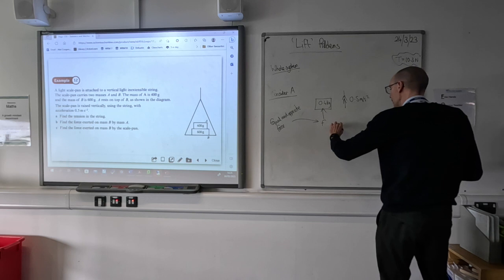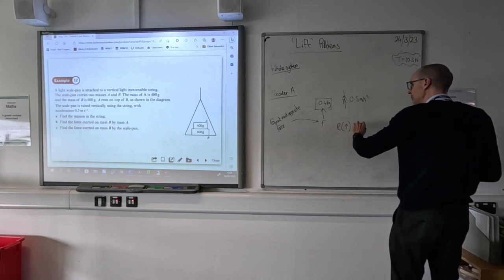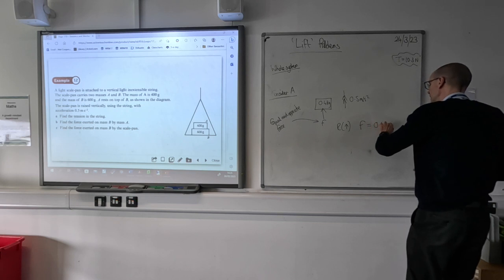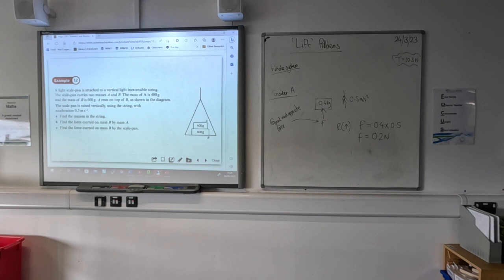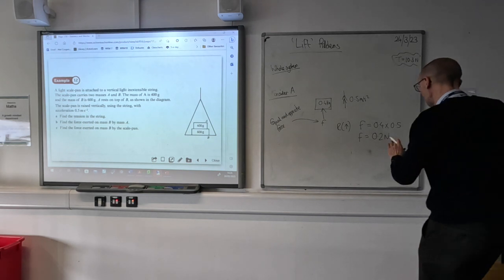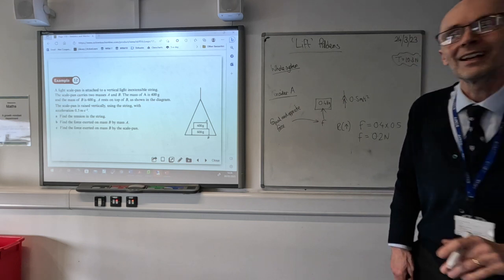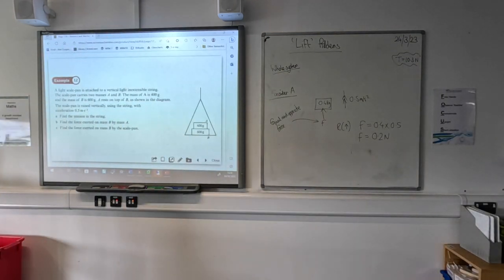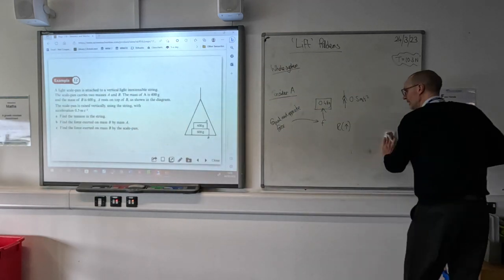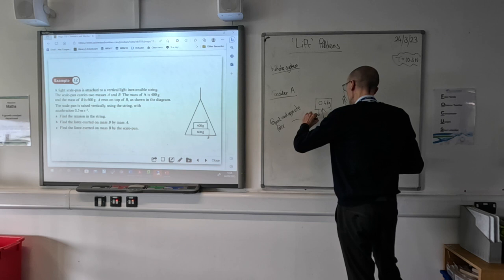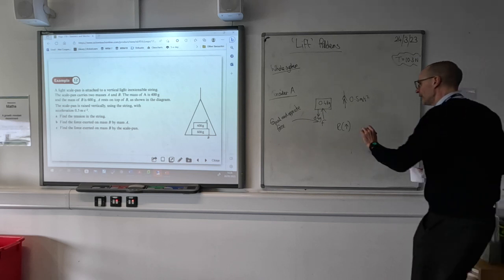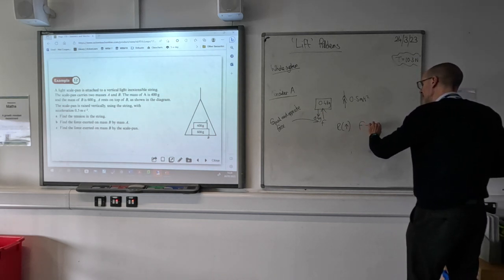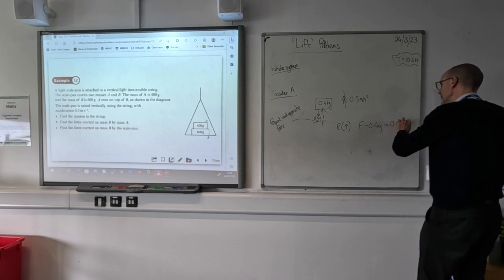So this is nice and easy. Let's resolve upwards. That force pushing up, which we'll call F, is equal to 0.4 mass times acceleration. So that's 0.2 newtons. Now hang on a minute, what have I done? What have I forgotten? I haven't taken into account the weight of the block, have I? Sorry. So the other force in that picture is that it's got a weight of 0.4 G pulling down. So my force pushing up is F, the force pulling down is 0.4 times 9.8, and that equals mass times acceleration.